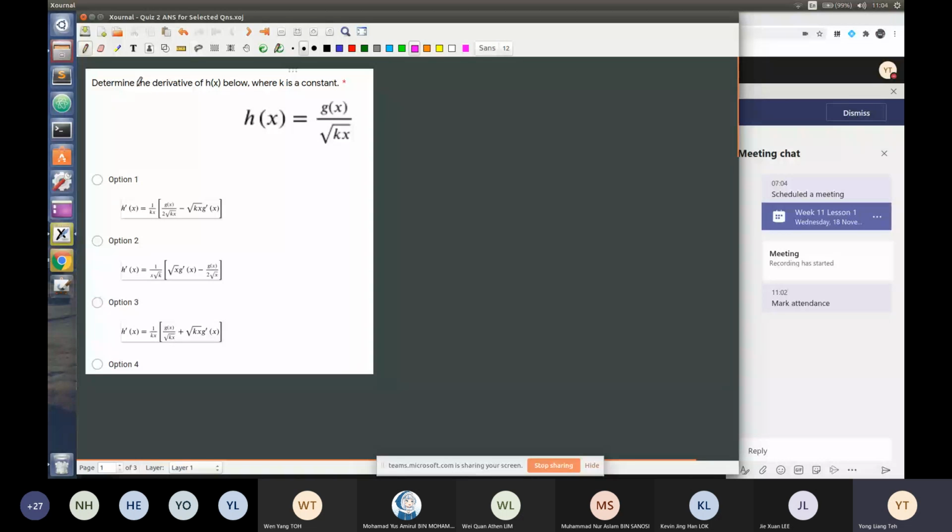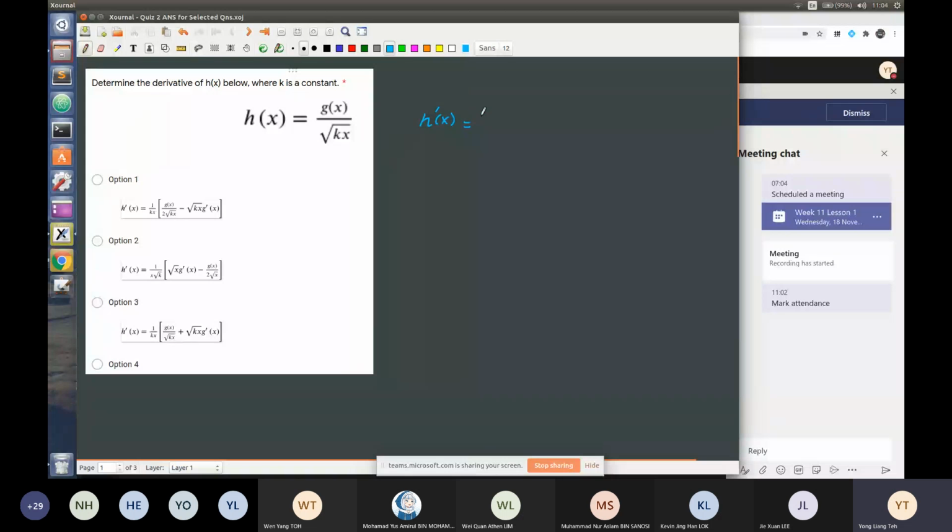This question asks us to determine the derivative, which is the h prime, of the function h here. So this g of x is clearly just another function of x. To differentiate this, you can see that this is a function of x over another function of x. So I think most of you are able to do the quotient rule.